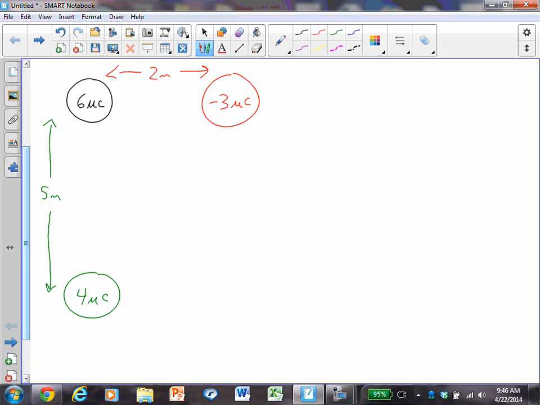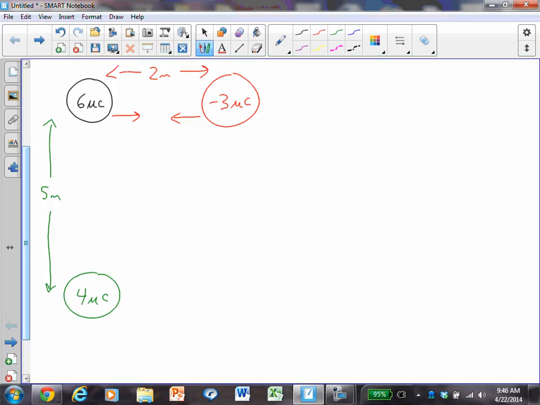So let's look at the directions of these forces so we know what direction the total force will be. Between the red and the black one, what type of force is that? It's attractive. So it's going to pull this way, and it will pull that one like that, right?